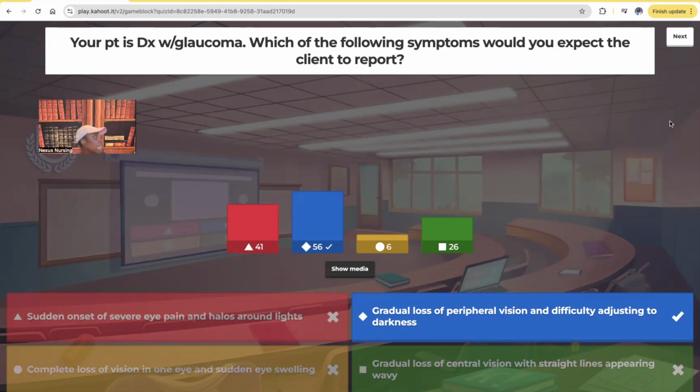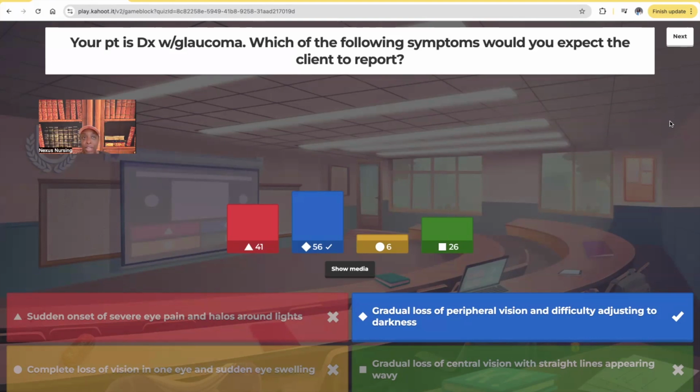Now, let's look at the wrong answer choices. The first option, sudden onset of severe eye pain and halos around lights. That is acute angle glaucoma. Next, complete loss of vision in one eye, sudden eye swelling. That could be due to some type of foreign body, trauma, infection or disease to the eye.